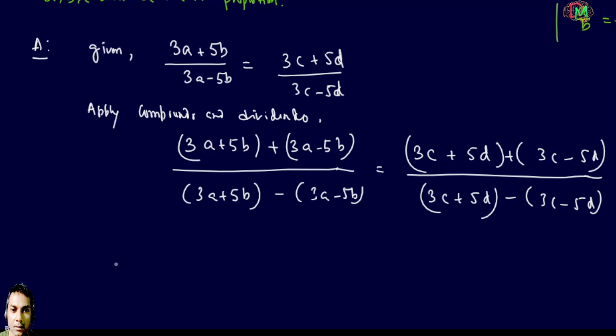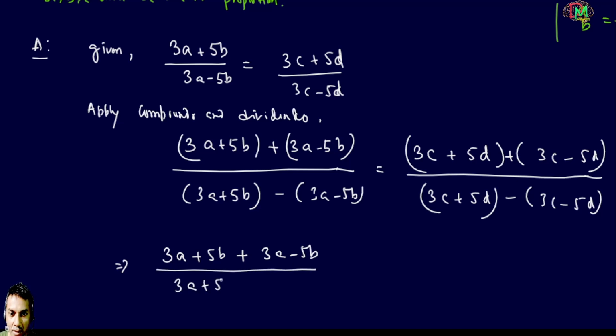Okay, and what remains here? You remove the bracket: 3a plus 5b plus 3a minus 5b, and here it is 3a plus 5b minus, if we remove this bracket then the sign will be changed because here it is minus.